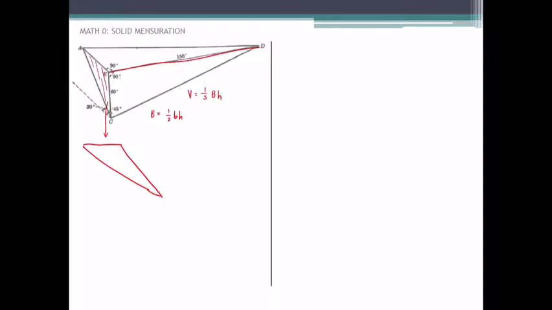And this angle is 45. This is actually the horizontal line. So this is 45 and this is 30. So in the given diagram, this is 30. Therefore, this one is 15 degrees.